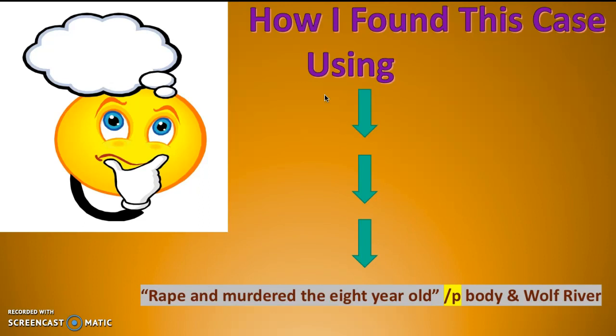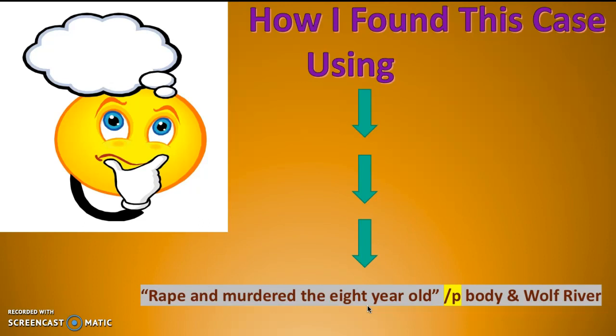Then I watched some YouTube videos on how to do a search using terms and connectors. And I think there was one particular video that really just said, hey, I got this. So what I did, I put in quotation marks, which is right here, "raped and murdered the 8-year-old girl," because that is exactly what I read from this case.